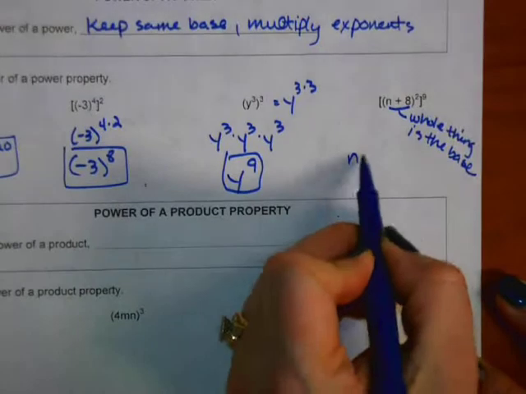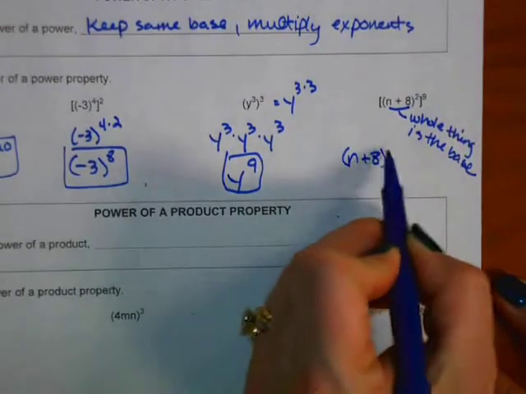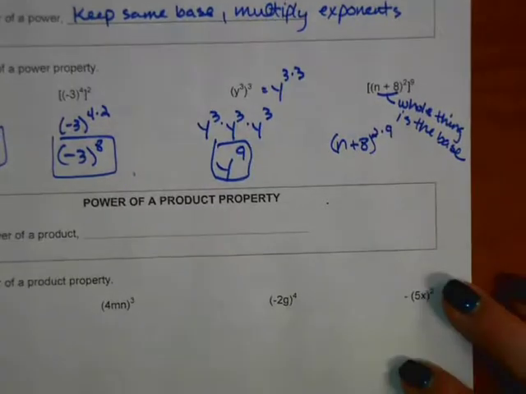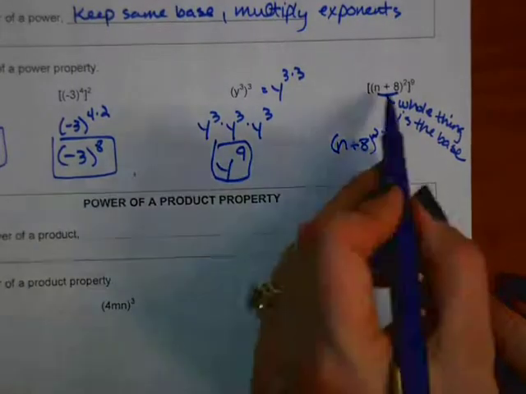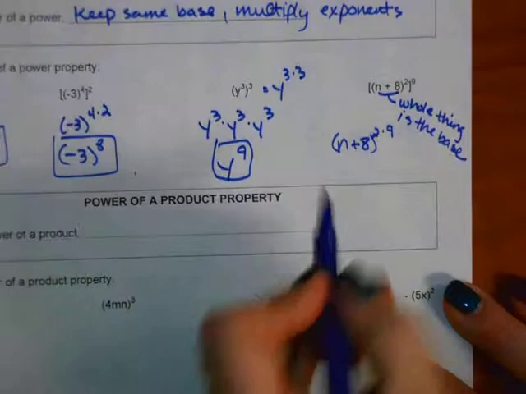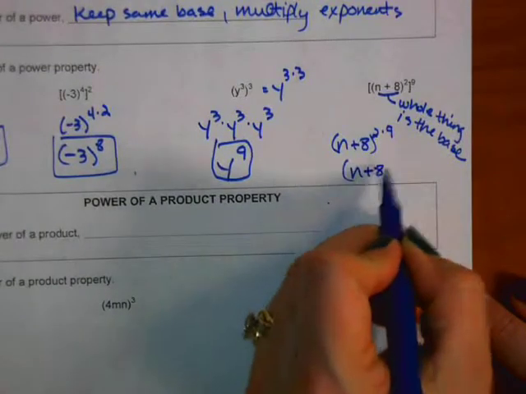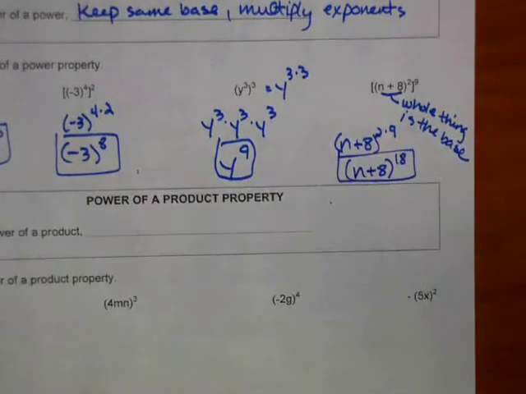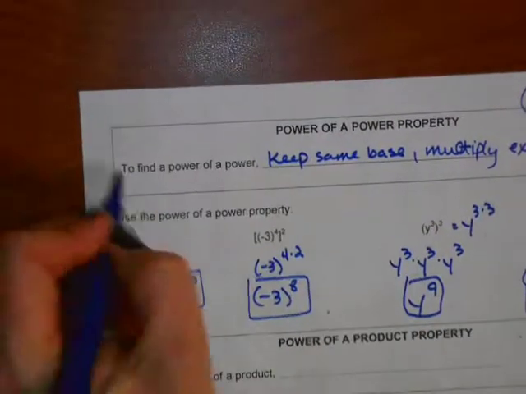So I have now n plus 8 to the 2 times 9. I have n plus 8 squared 9 times, so I'd have n plus 8 to the 18th. That's my answer. You don't do anything else with it. Okay, that's the second property that you're going to be working with.